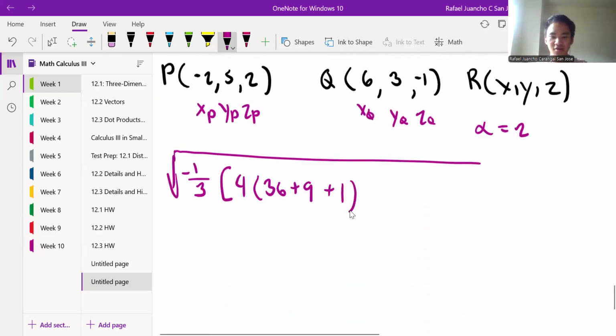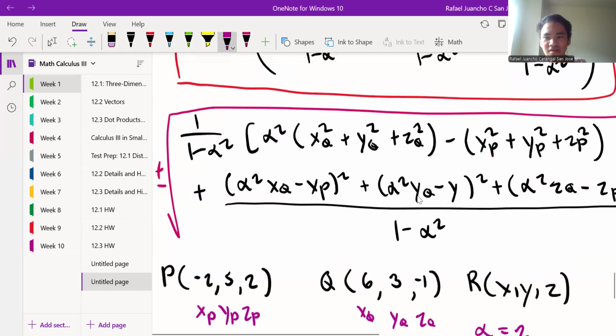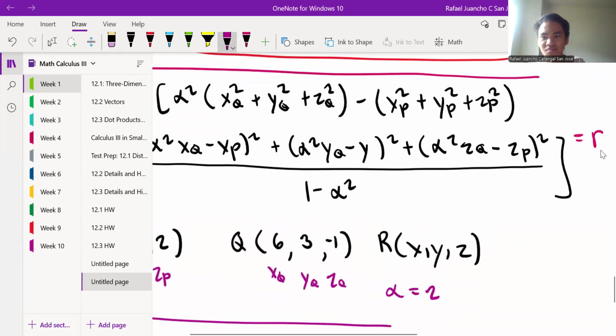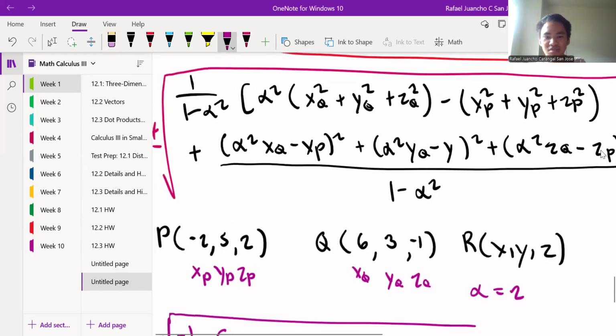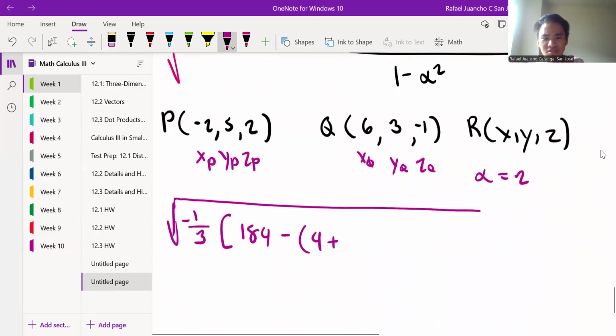We can clean that up immediately. That's 46, right? 46 times 4, that's 184. So this whole thing is 184. And then we subtract xp squared, yp squared, zp squared. So negative 2 squared is 4, and yp squared is 5 times 5, 25, plus 4.